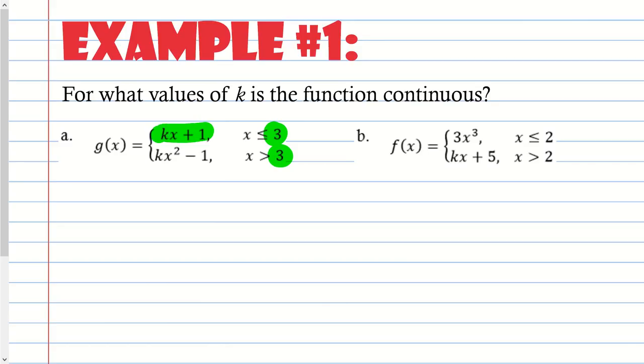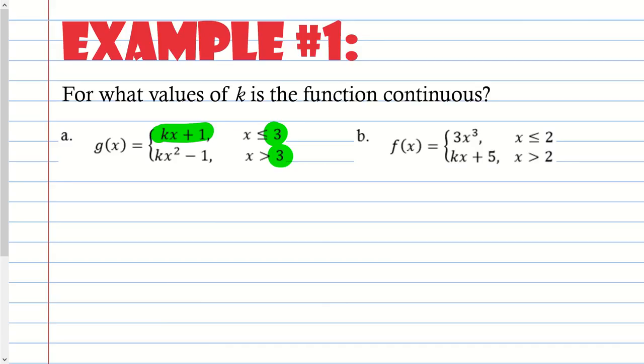Ideally I would plug in my 3 and get a number. Well, I don't know what k is, so we can skip that part and jump straight to making sure that the left and the right hand limits are the same. In order to figure out what k is, we need to make sure the left and the right are equal to each other. So that's how you start this off.